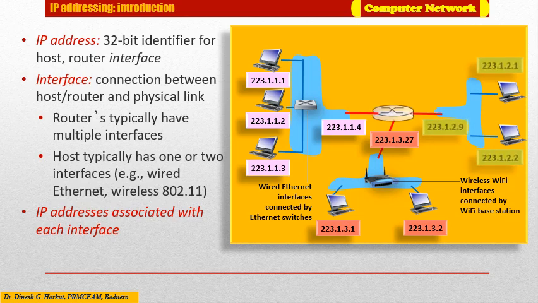Here again, these 3 interfaces have addresses of the form 223.1.2.9, 223.1.2.1, 223.1.2.2. In all these 3 groups, the first 24 bits of the address are common within each group. For the first group, 223.1.1 is common. For the second group, 223.1.3 is common. For the third group, 223.1.2 is common.